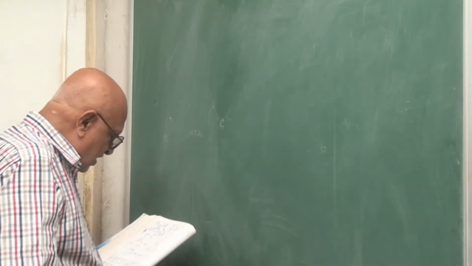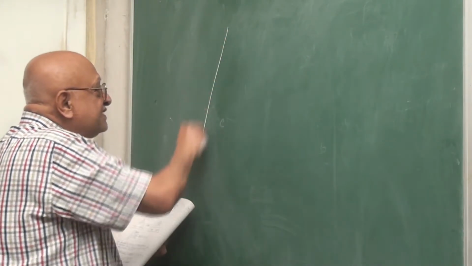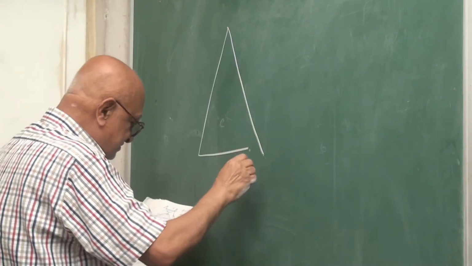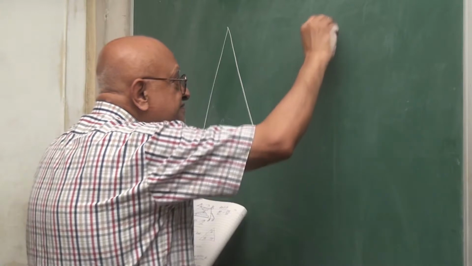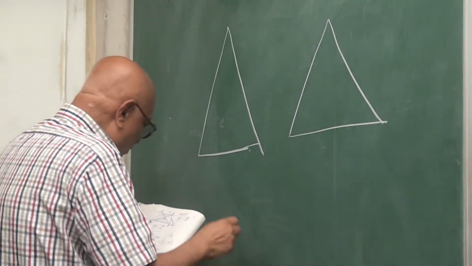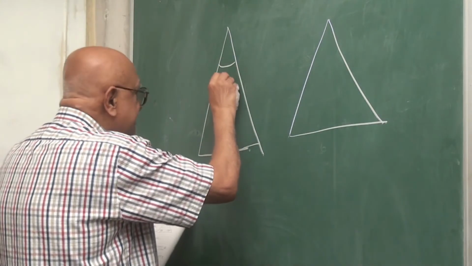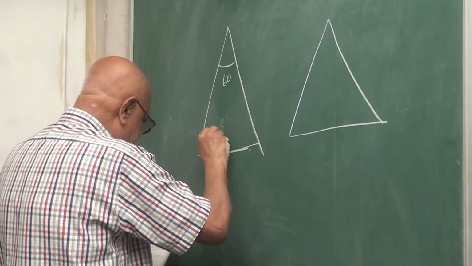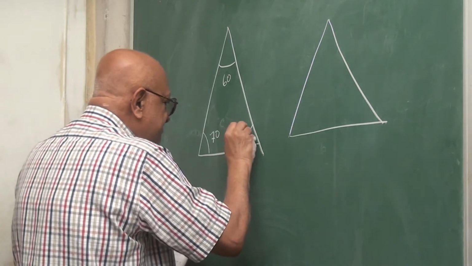Okay. What it says is that you have two triangles, and these triangles are given. One angle is given as 60, the other angle is given as 70, and this angle is given as 50.